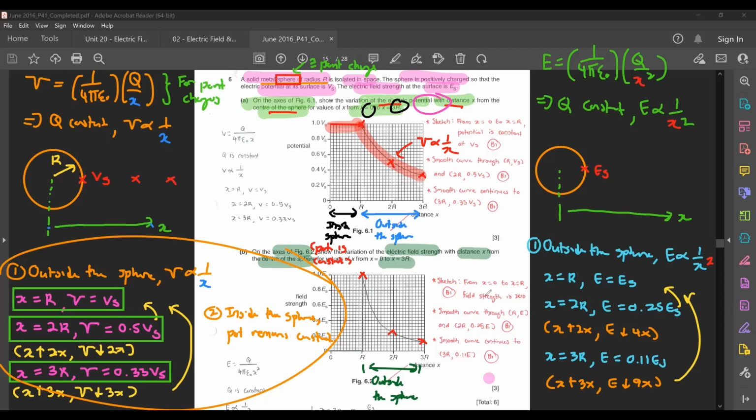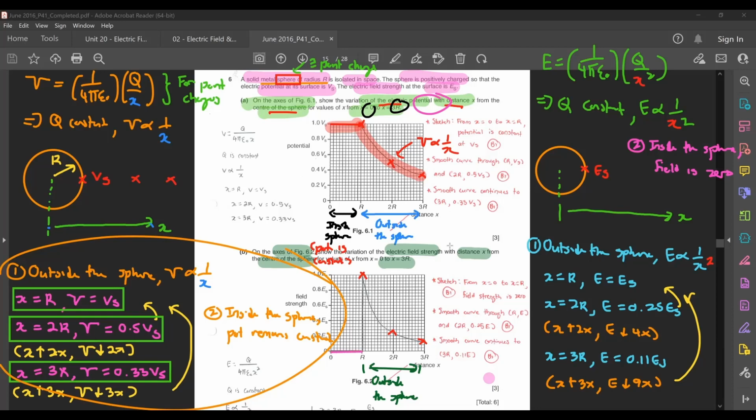Now for the case inside the sphere, we've already gone through this in the example from last week. I'll just write a comment here. Number 2, inside the sphere, field strength is 0. So when field strength is 0, it's just this line here.